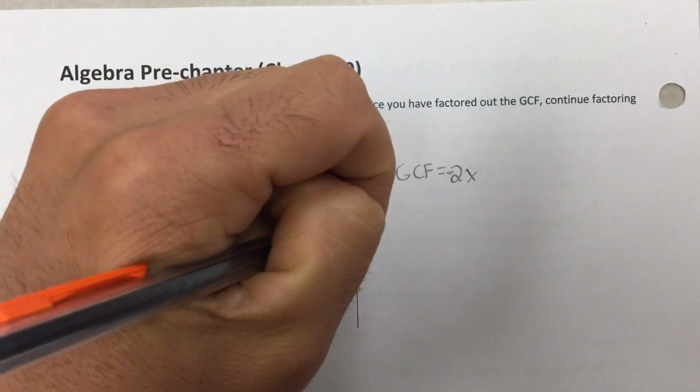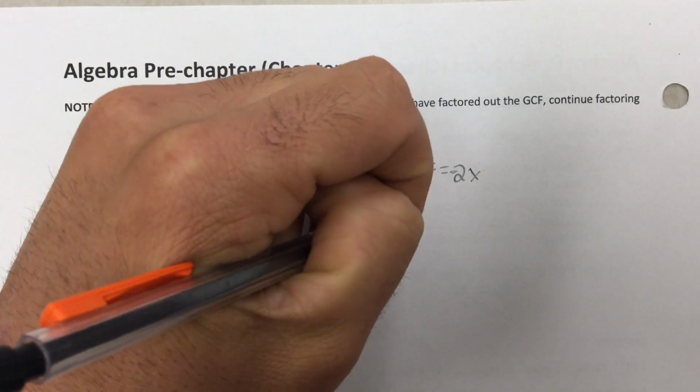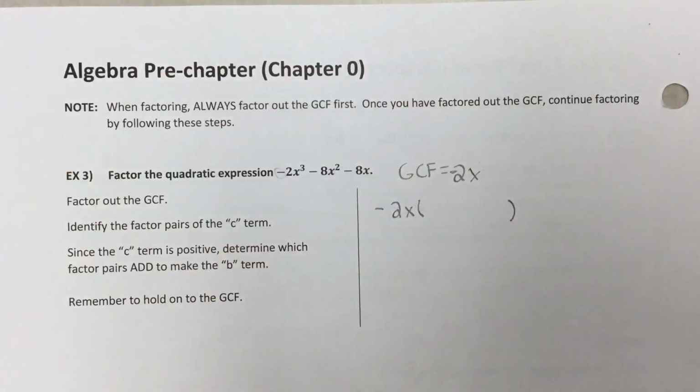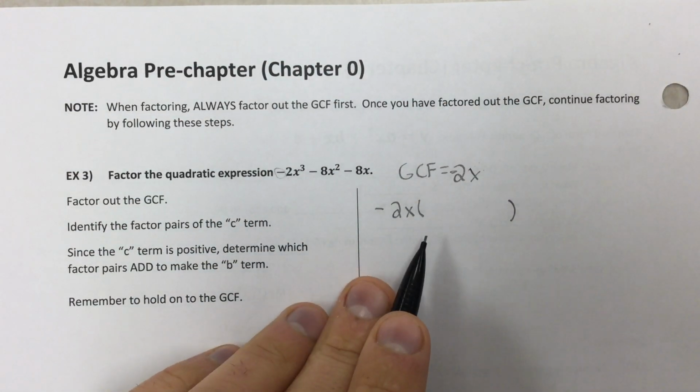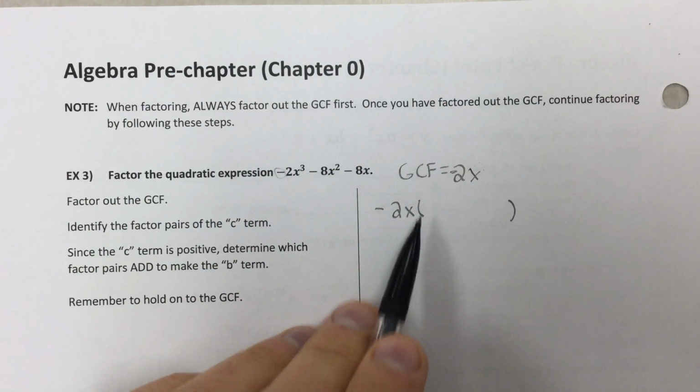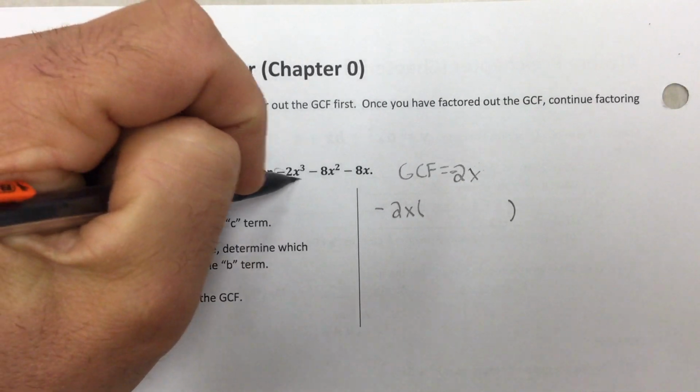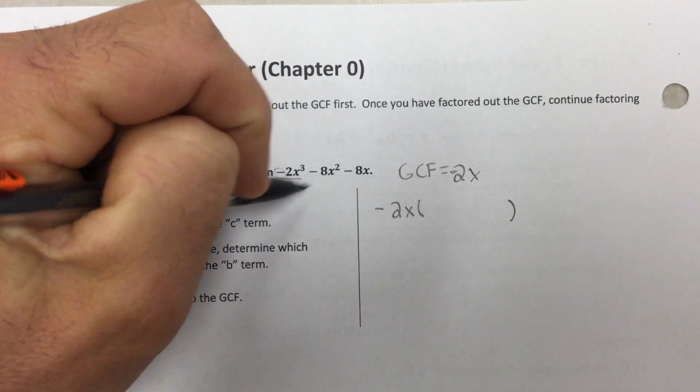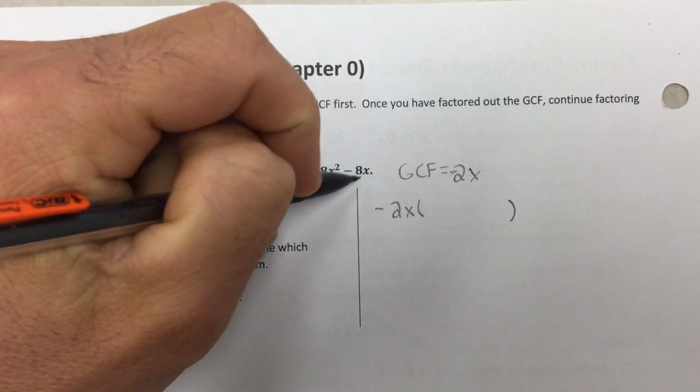And remember, whenever you do GCFs, the GCF goes in front, so I have a negative 2x in front. GCF is the reverse of the distributive property, so you only have one set of parentheses, and then you divide everything by negative 2x.